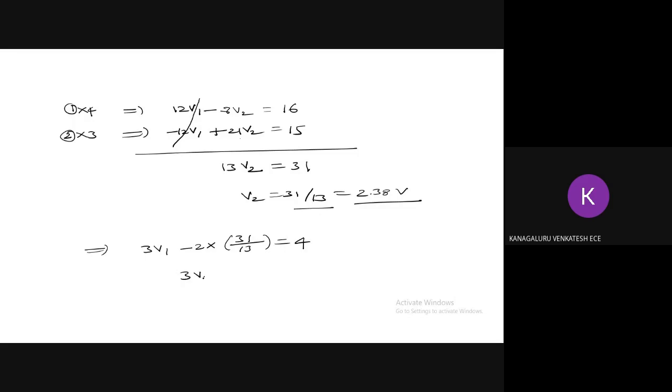Therefore, 3V1 equal to 4 plus 2 into 31 by 13. Let's simplify this. What do you get? 13 4s are 52. 52 plus 62 divided by 13. So 52 plus 62, how much do you get? 114 by 13.